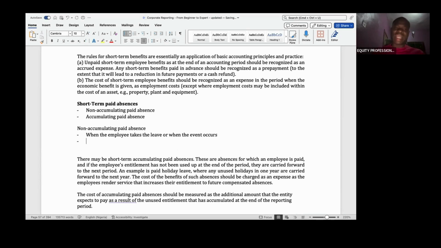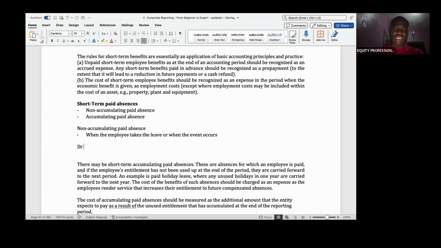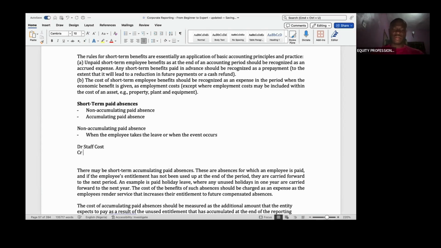It's only when they take that leave that you can then debit staff costs and credit accrued staff costs. If they don't take it, they don't get paid. So that means we don't have an obligation until they take it. So when we then pay, we credit bank, we debit the accrued staff costs.